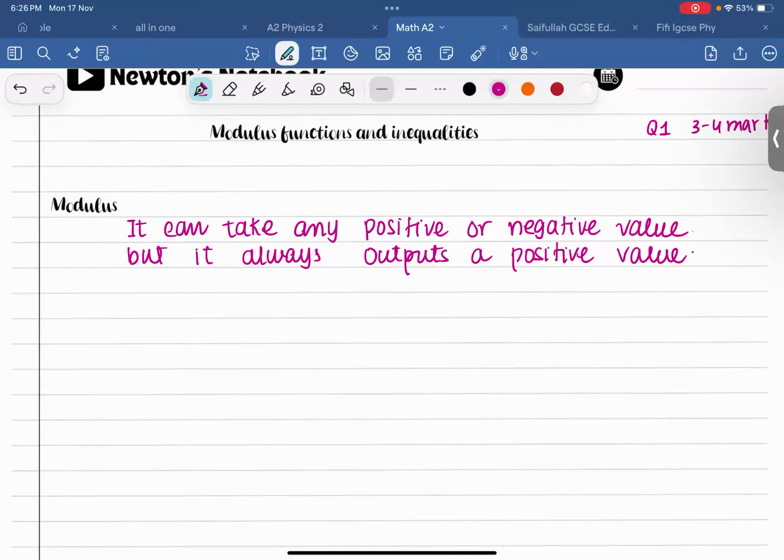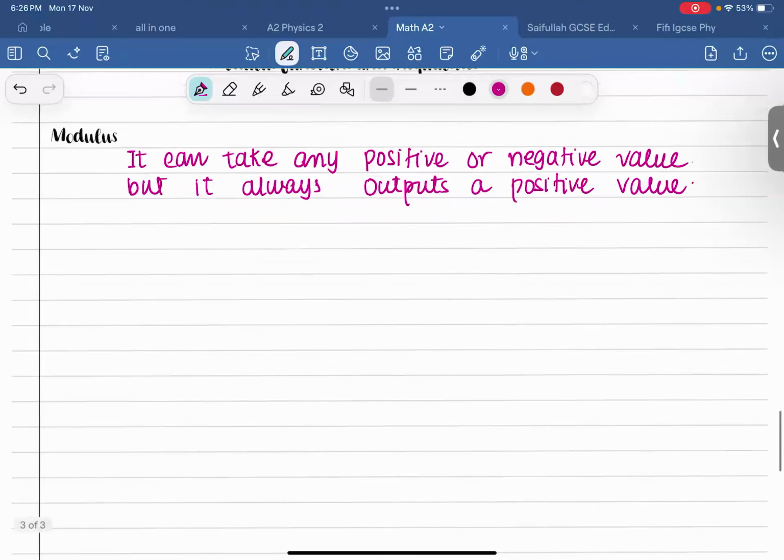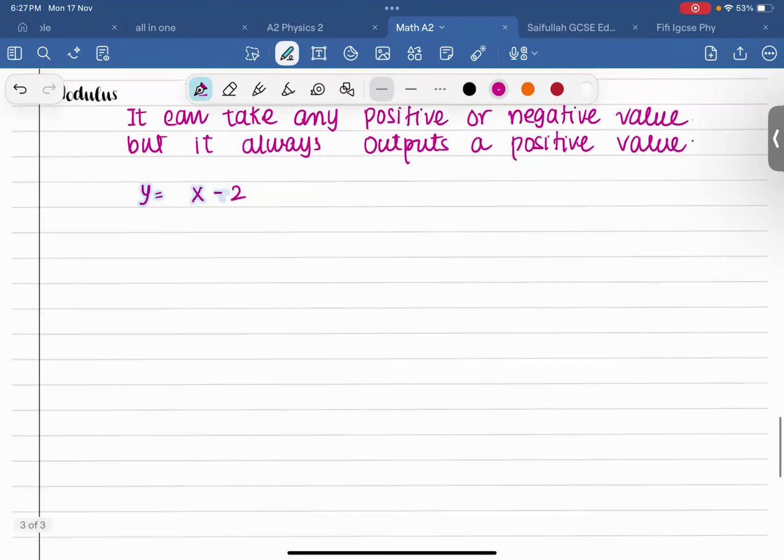Let's imagine a function. Let's say y equals x minus 2. This is a function, right? It's a straight line equation. If I draw it, it looks like this, with y and x axes.